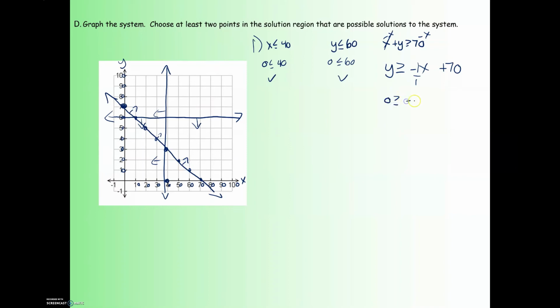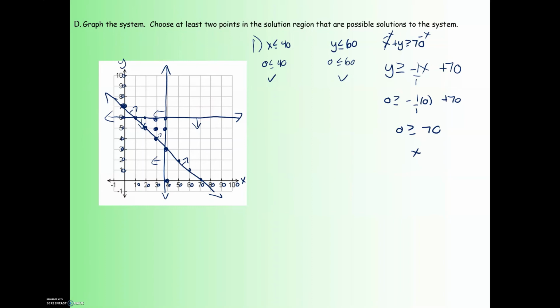We can check 0, 0. And we get that 0 is greater than 70, which is not true, so I'm on the opposite side. So I do have a shared region that is in this region right here, and I can dot those possible solutions.